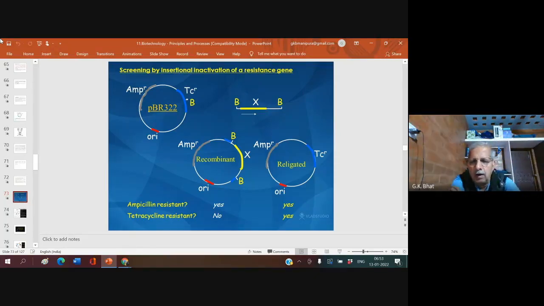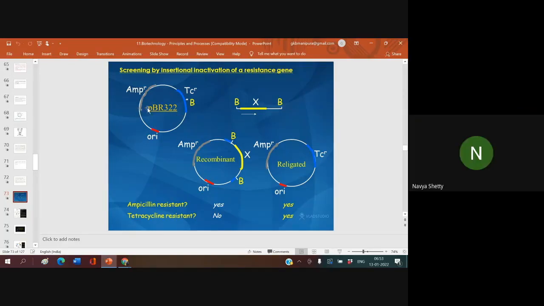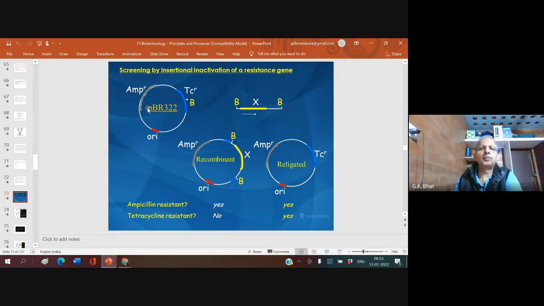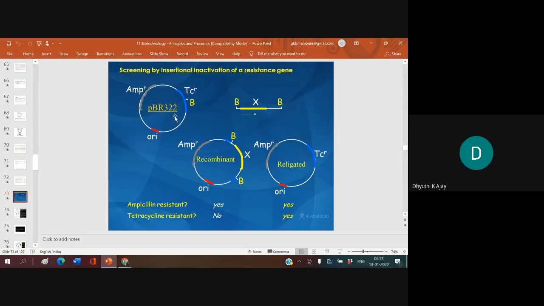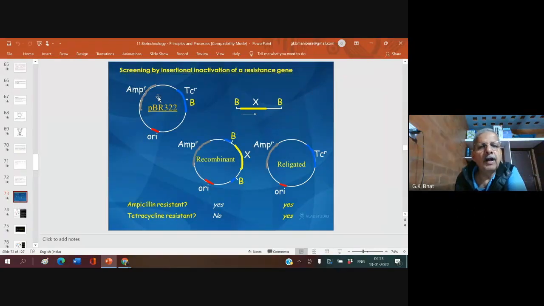Navya, I am explaining in another way. All of you tell me, what is this? A plasmid. And what is this plasmid called? pBR322. It has an ampicillin resistance gene and also a tetracycline resistance gene.